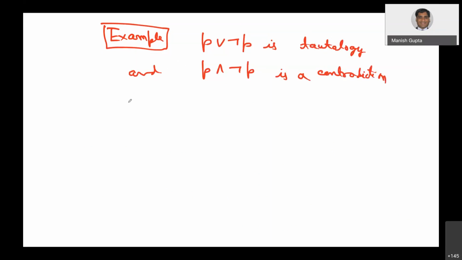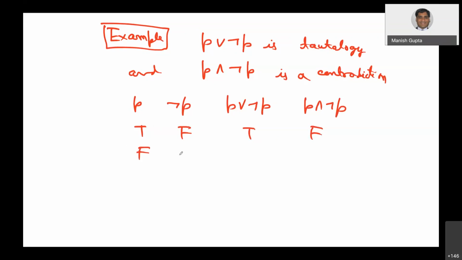We can verify it by looking at the truth table: P, negation of P, P join negation of P, P meet negation of P. If P is true, negation of P is false, the join will be true, and the meet is false.